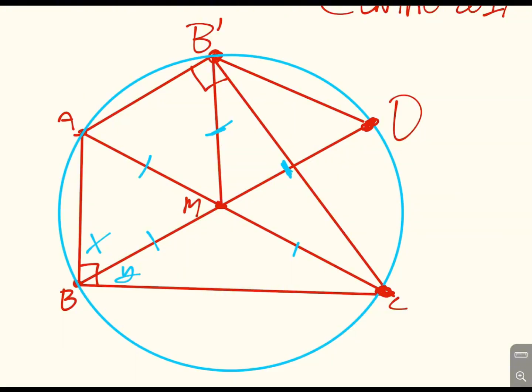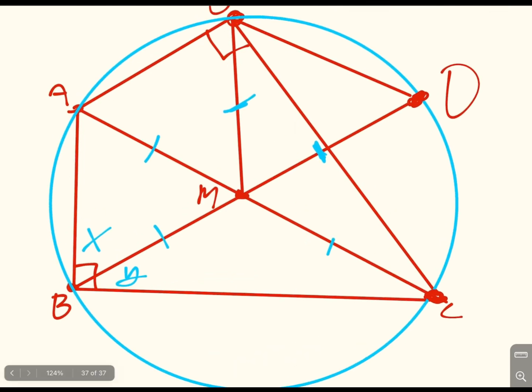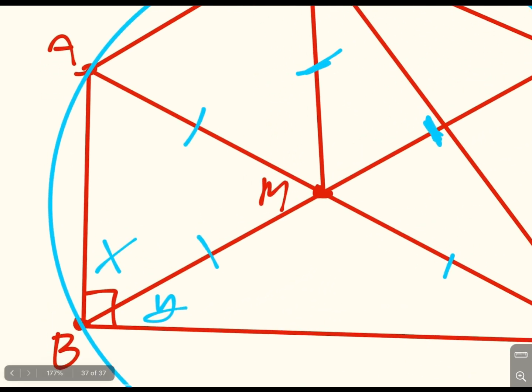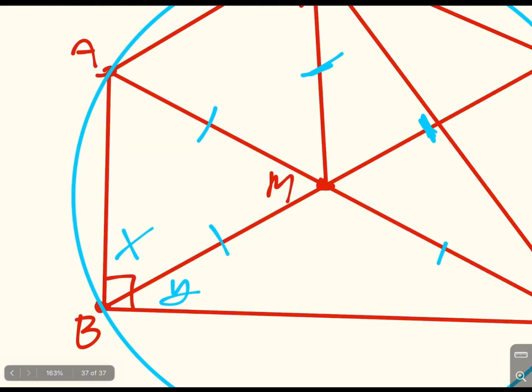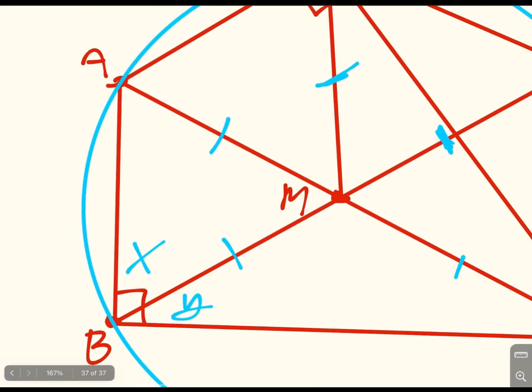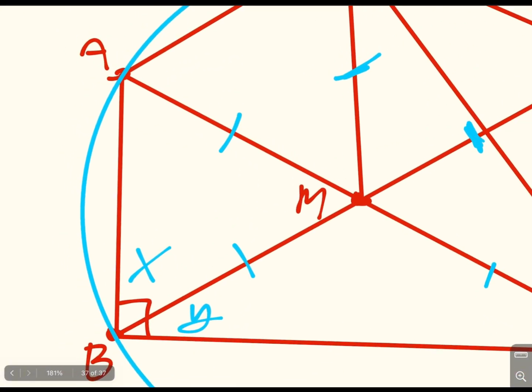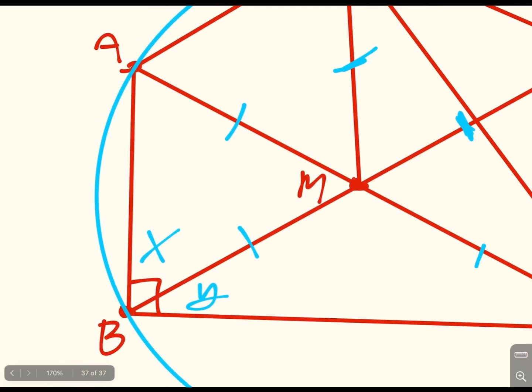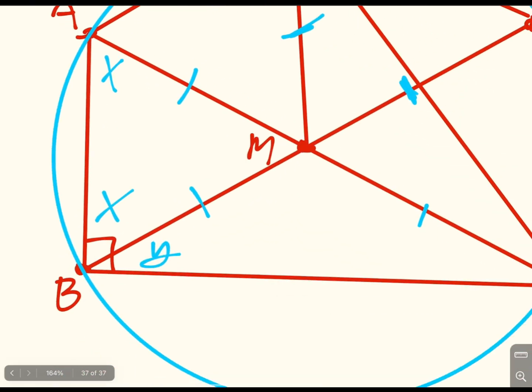So triangle ABC is going to be similar to triangle AB prime C. In fact, congruent by the side-side-side theorem, or the side-angle-side theorem as well, whichever you prefer. Another thing you can note is that triangle AMB is isosceles with base AB, so angle BAM is going to be equal to x as well.